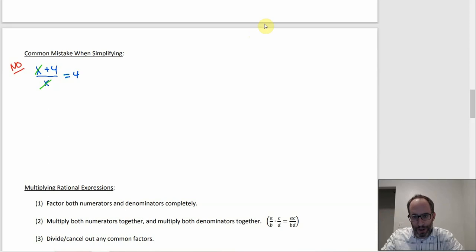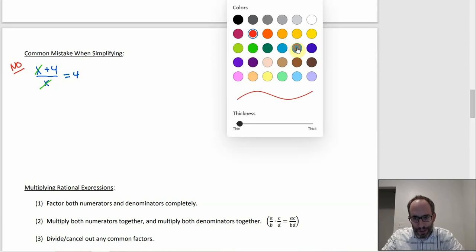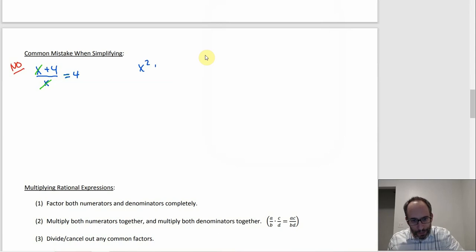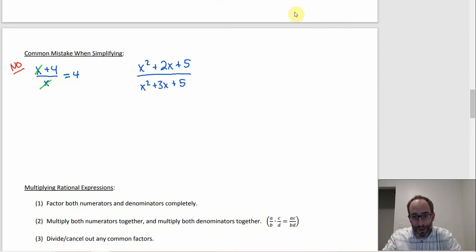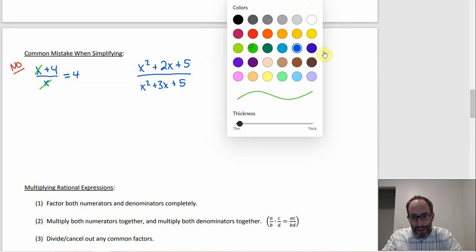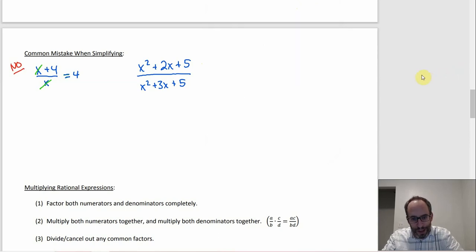And then just for another example of this effect, what if you had something like x squared plus 2x plus 5 over x squared plus 3x plus 5? The thing that you don't want to do here would be to say, oh, we've got things that look the same. We've got 5s and we've got x squareds.